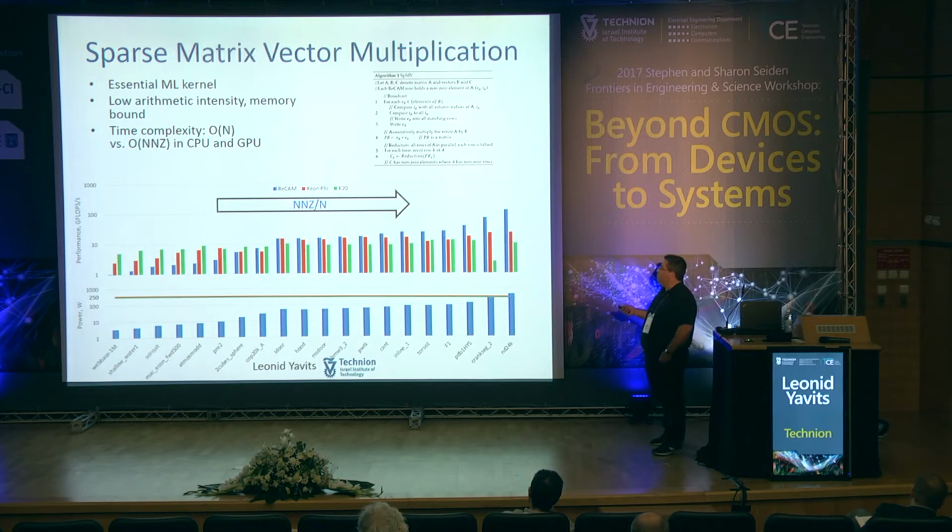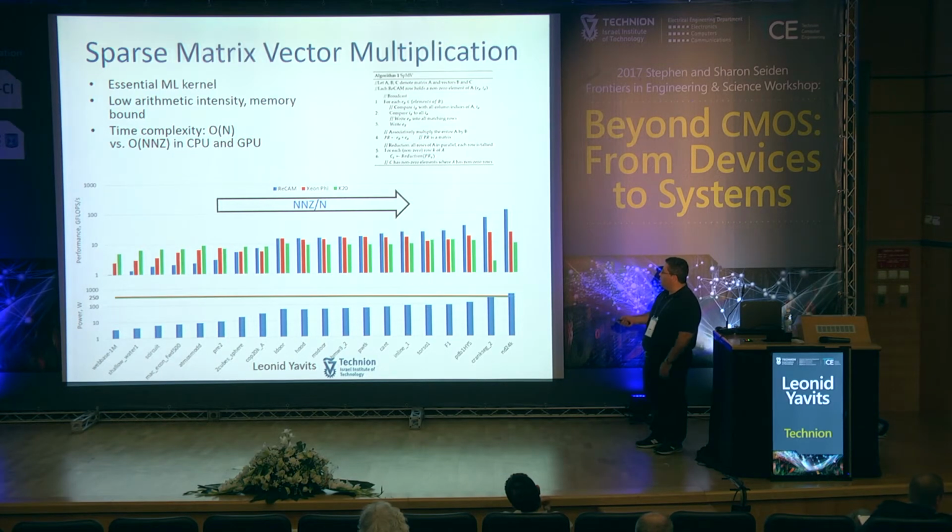Typical CPU or GPU applications have the time complexity of nnz, where nnz is the number of non-zero elements in a matrix. Our in-data implementation, even a naive one, has the complexity of O(n), where n is the matrix dimension, not n squared, n, one dimension.